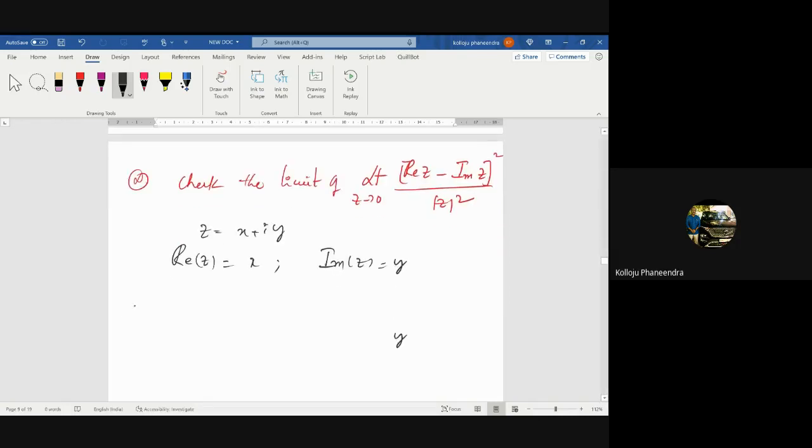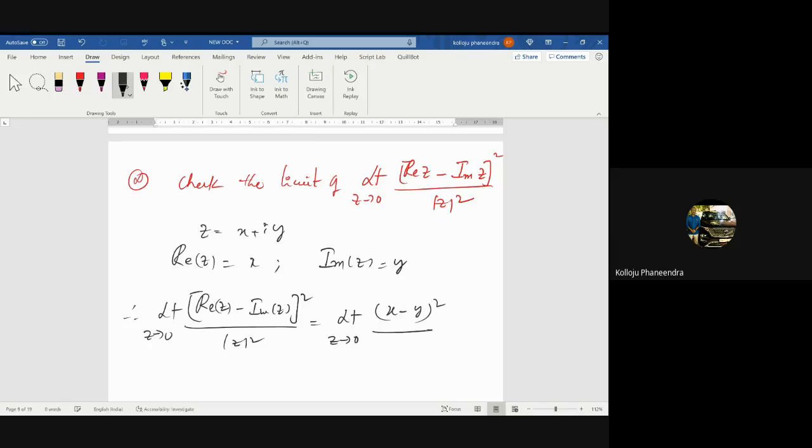Therefore, the limit is nothing but limit z tends to 0 of (x minus y) whole square by mod z square, and mod z square is x square plus y square.